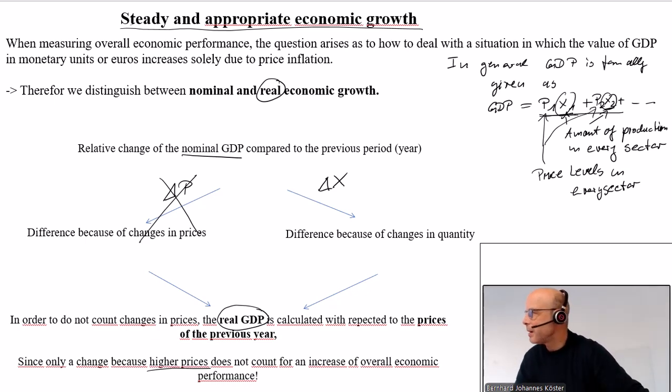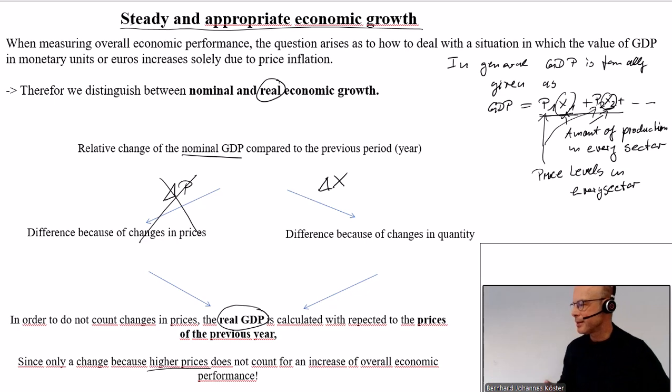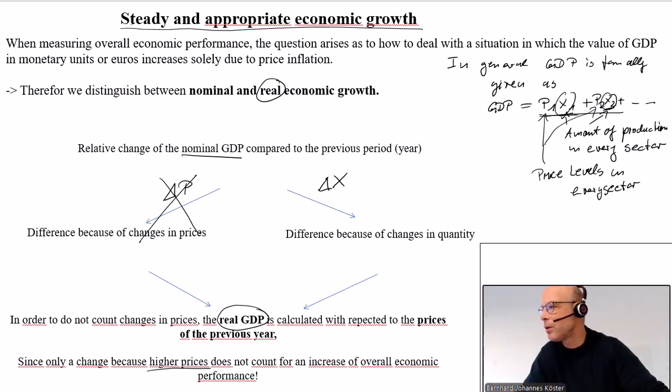This is very easy and we can understand it in an easy way. But if you ask yourself, is this a practical, reasonable way to do it? Let's assume we take the price level of the year 2000 as the fixed price level and calculate all goods and services in the future with these prices.